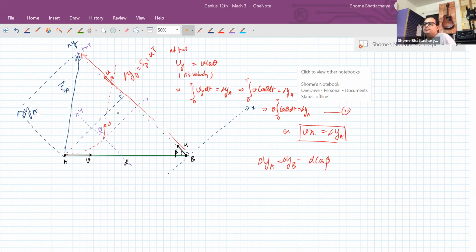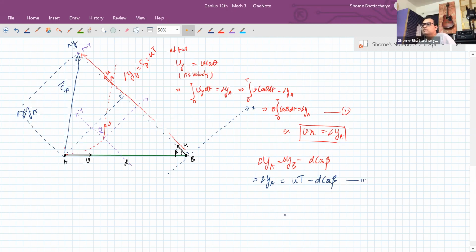Yeah. So this displacement delta YA is equal to the displacement of B altogether, which is ut minus d cos beta. So this is like our third equation. Okay, so this is how we can connect these things.